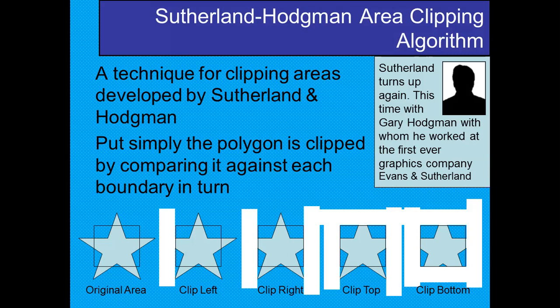Then we clip, and again we move parallel to the x-axis, and then again toward the bottom side.